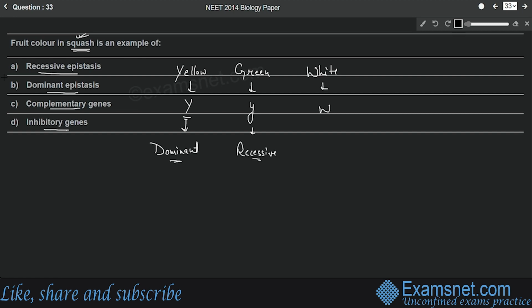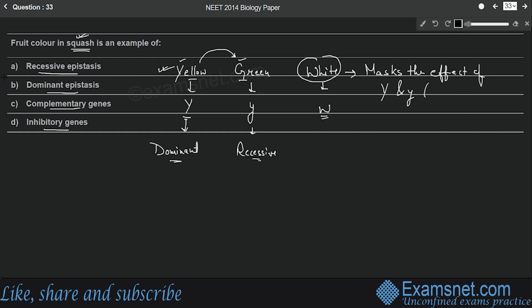So if capital Y and small y are present, then definitely capital Y will be able to express itself over the small y, that is green. Okay, so if yellow and green both genes are present, then yellow will be able to express itself. But if these three genes are present, then white is able to express itself over yellow as well as green. Okay, so the white color, the W gene masks the effect of capital Y as well as small y.